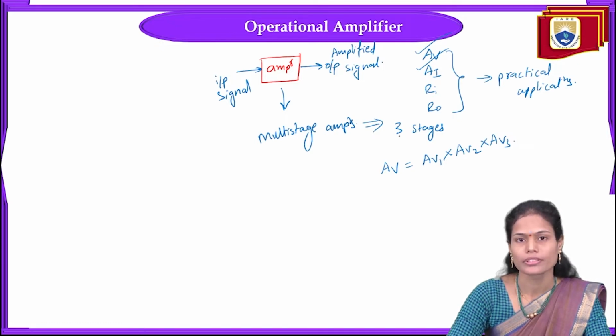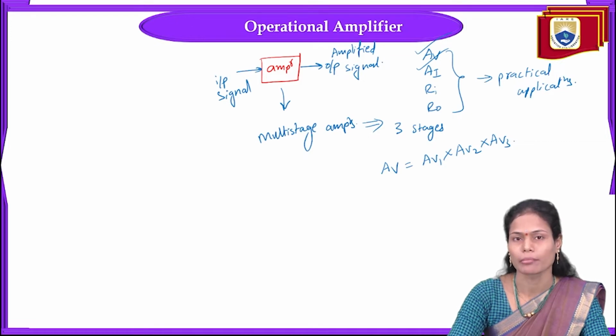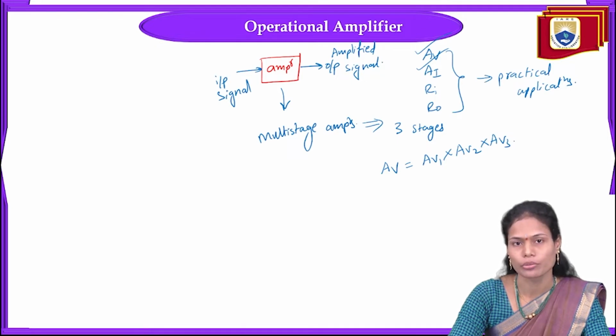Generally we prefer 2-stage amplifiers to increase these parameters, and some multi-stage amplifiers improve particular parameters. The Darlington amplifier can improve the current gain. The Cascode amplifier can improve the voltage gain.